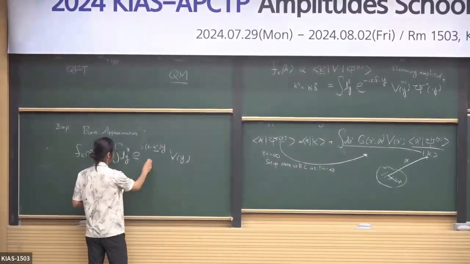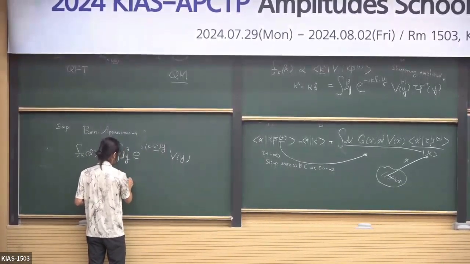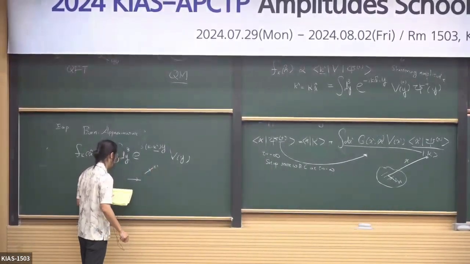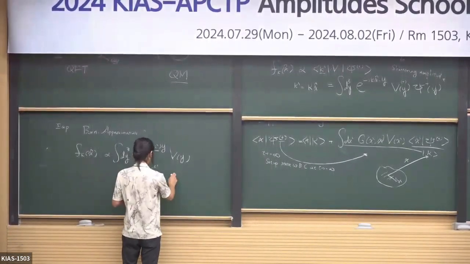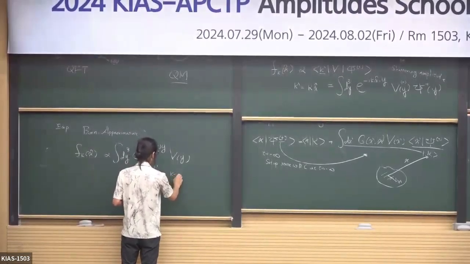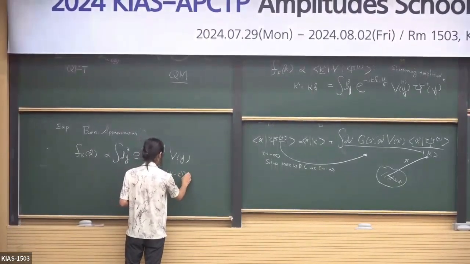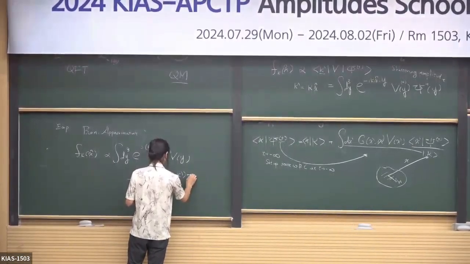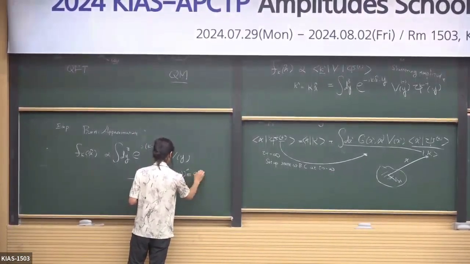Usually you can think of this as a momentum k coming in and momentum k' coming out. And so usually we call the difference k minus k' the momentum transfer. We'll define this as q. These are vectors.